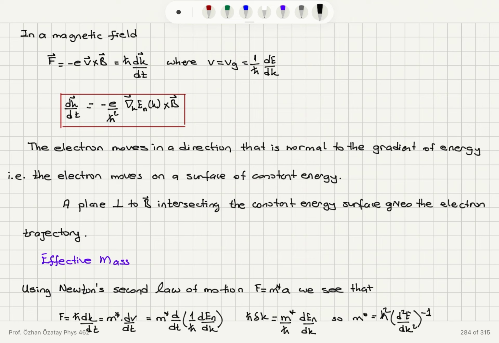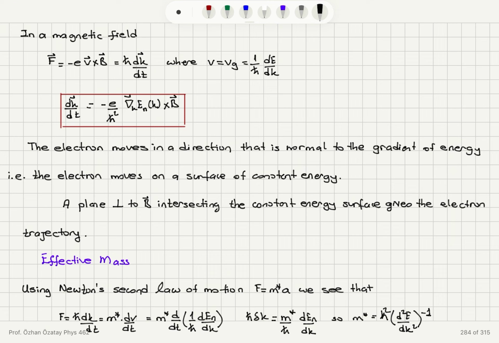Now, what does this equation tell us? It tells us that the electron moves in a direction that is normal to the gradient of energy. That means the electron is moving on a constant energy surface. So the energy of the electron does not change when you apply a magnetic field.